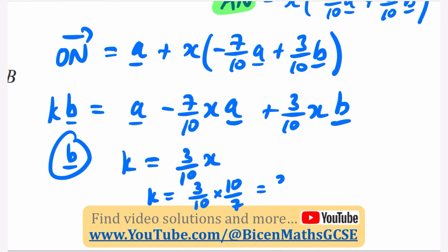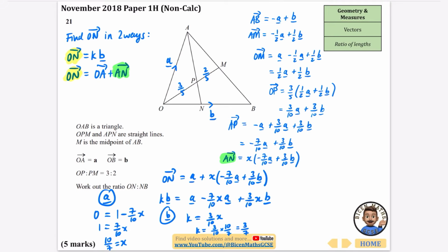That's 30 over 70, or 3 over 7. So this is telling us that ON, because we said it is KB, is 3/7 of the whole thing, which means that between N and B is going to be 4/7. So the ratio is 3/7 to 4/7, which is the same as 3 to 4.